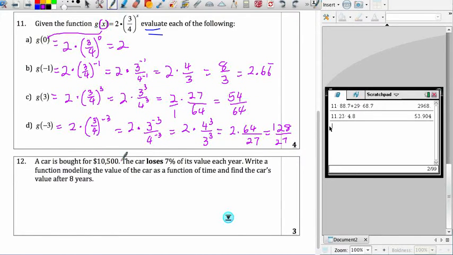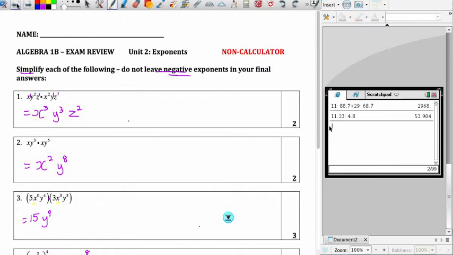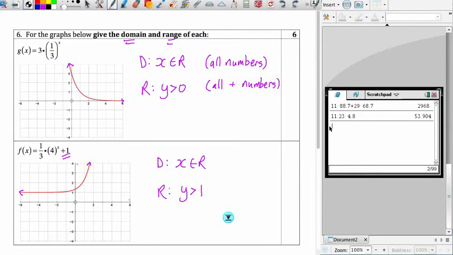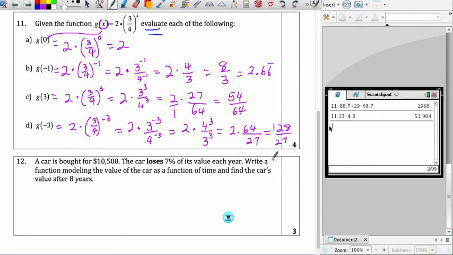Okay, now we have word problems, an application of the exponential functions. We have a car, which is bought for 10,500, and just one quick thing to look at here, and this will be consistent in the exam as well. Oh, actually I haven't put it on here. You'll see this when you do the mock exam later this week.